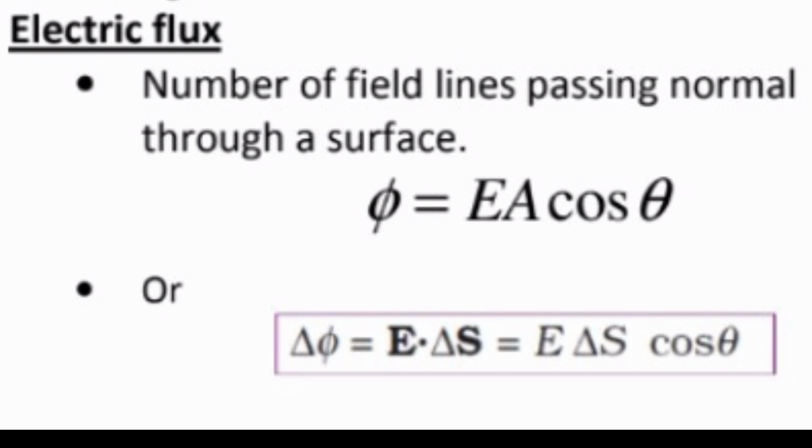So we can use the equation phi is equal to EA cos theta, or we can represent it as d phi is equal to E dot ds or E ds cos theta. Otherwise, we can use E dot delta s also. Clear? That is the number of field lines passing normally through a surface. E dot ds, that is equal to phi.